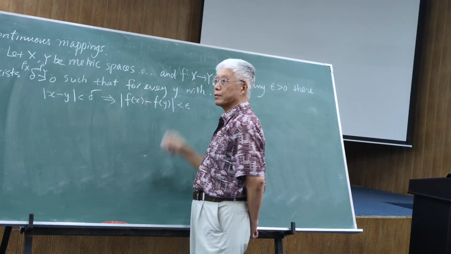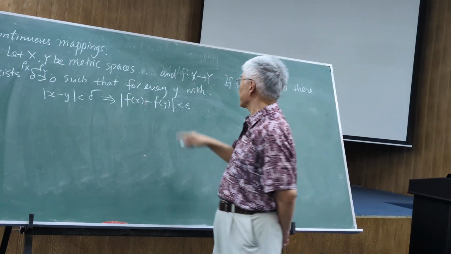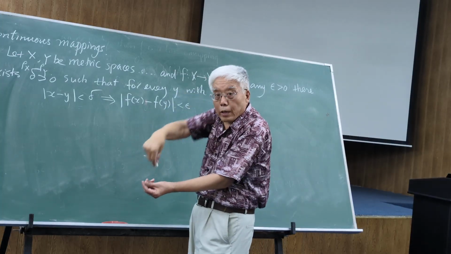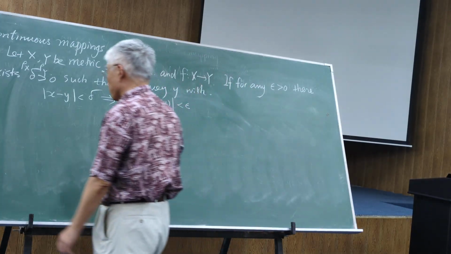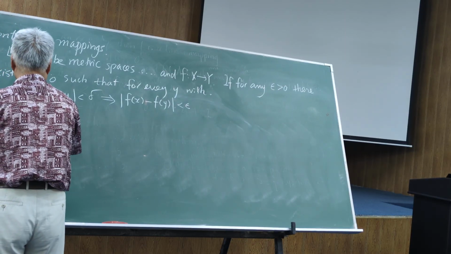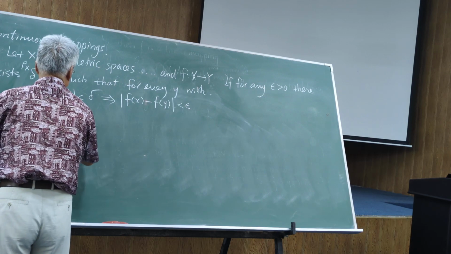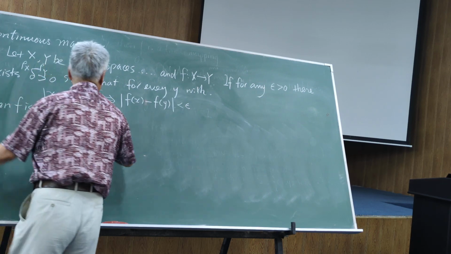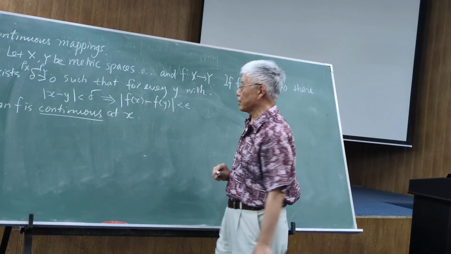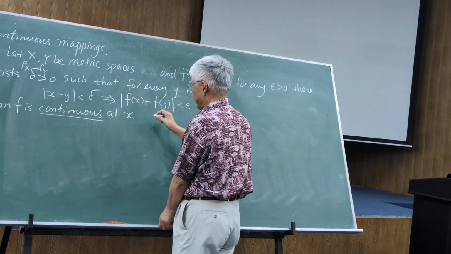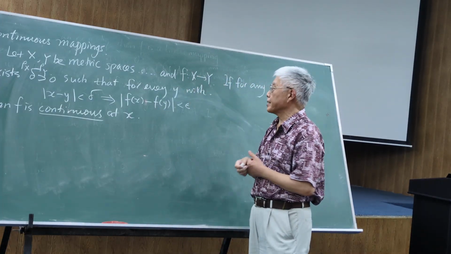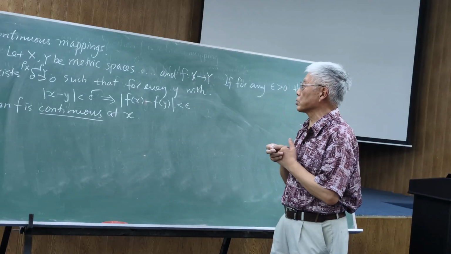Then we call this mapping continuous at x, because here there is a universal quantifier for y, something nearby. If it is continuous at every point, then we call it continuous on x. Now, this is the definition of continuous mappings.